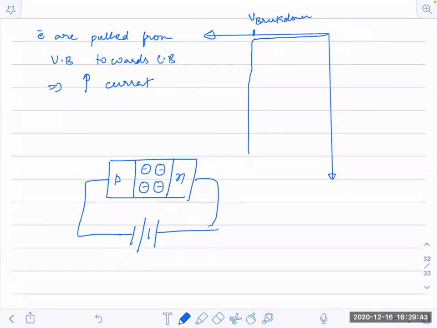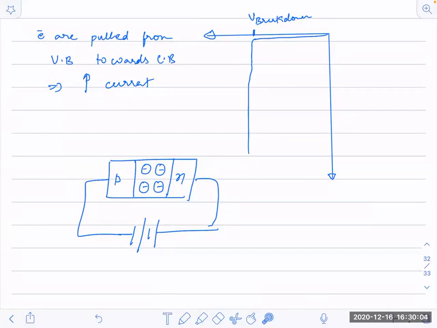Now try to see this. When an electron is pulled from the valence band towards the conduction band, the current is increasing. So at that instant, for that potential, that is constant only.